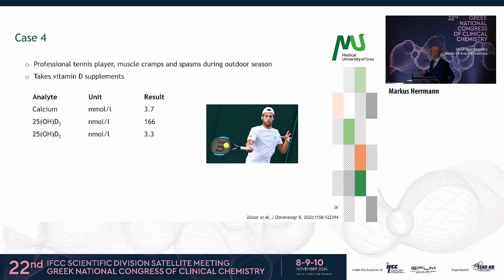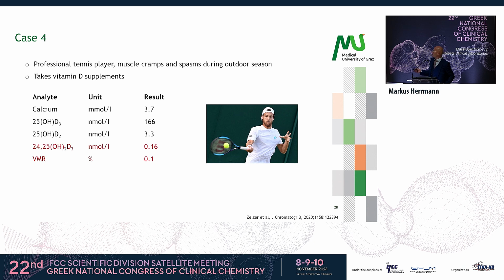He visited our hospital because of persistent hypercalcemia, muscle cramps, and spasms, particularly during the outdoor season when he was out on a tennis court. He also took vitamin D supplements, and his vitamin D was in the high desirable range, so everything normal.